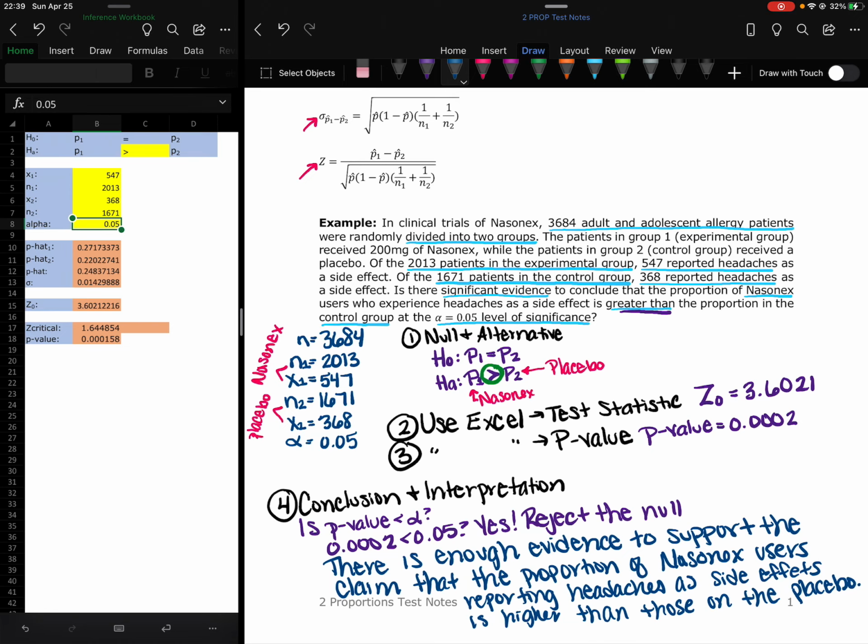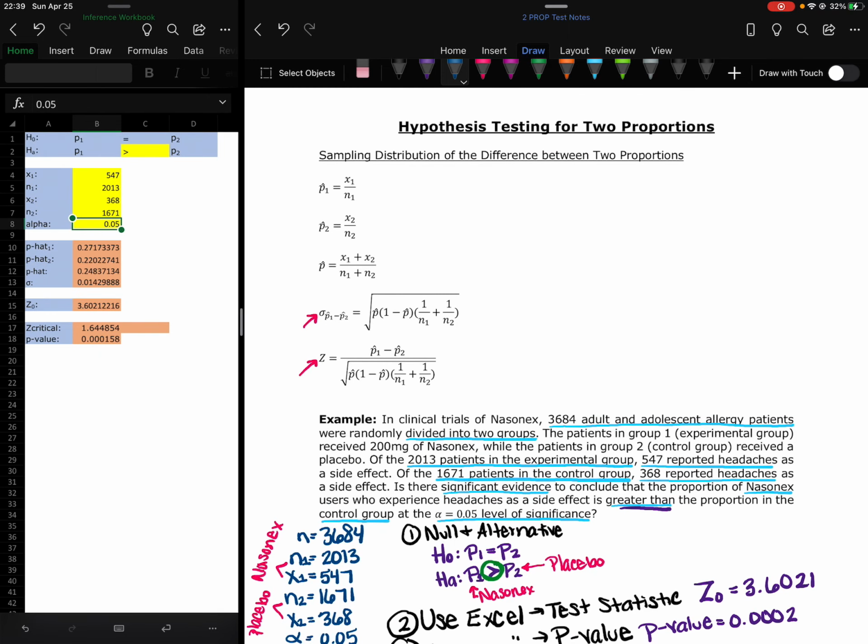And that is what you will do for a hypothesis test when you are comparing two groups with proportions. So you don't have to do anything by hand. I have the formulas up here just so you can see, hey, these formulas in Excel are being calculated using these formulas at the top of my notes.